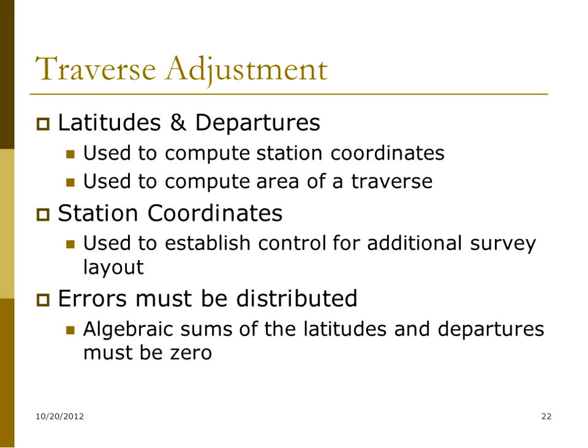Okay. You're going to need to make additional corrections or adjustments when your latitudes and departures are off, as they often will be. You need to correct for that because you're going to use these values to compute the coordinates of each station, and you need those coordinates to compute the area.